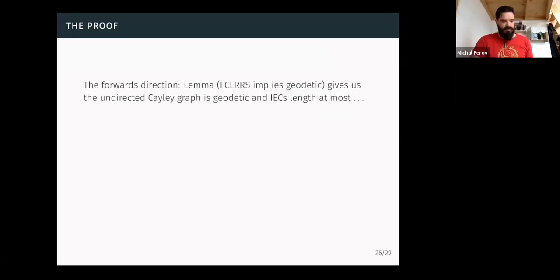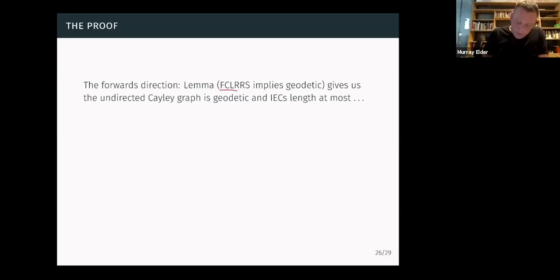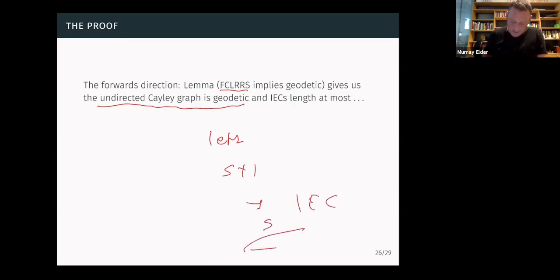So up above, if you've got this finite convergent length reducing rewriting system, then that gives us that the undirected Cayley graph is geodetic. And remember that if the left-hand side was length S plus 1, then the isometrically embedded circuits had to look like S, S, 1.